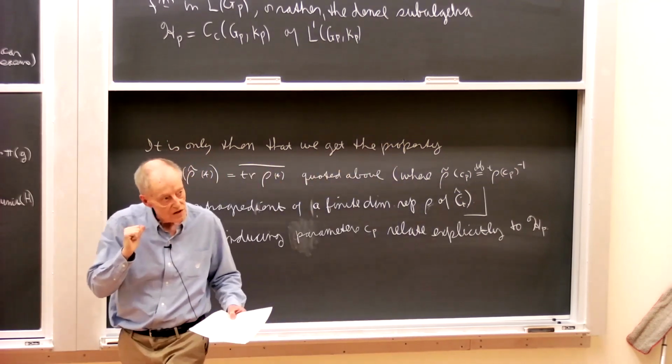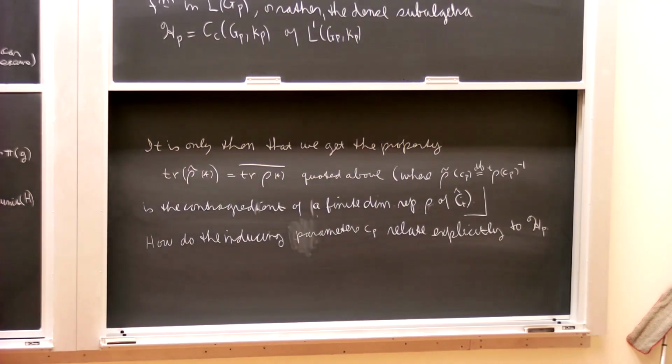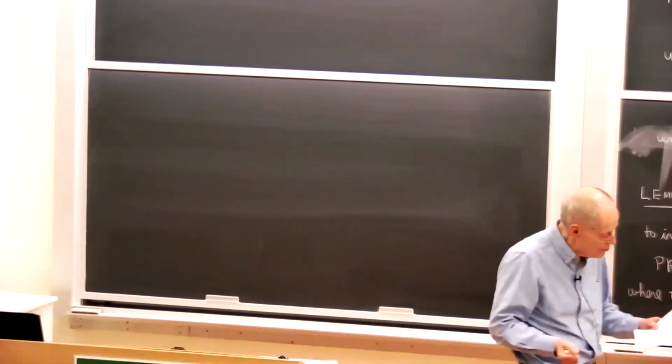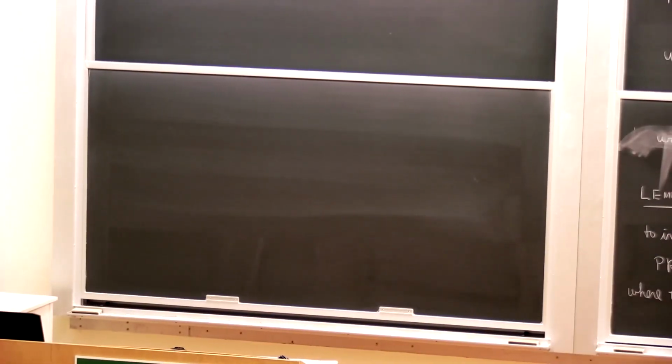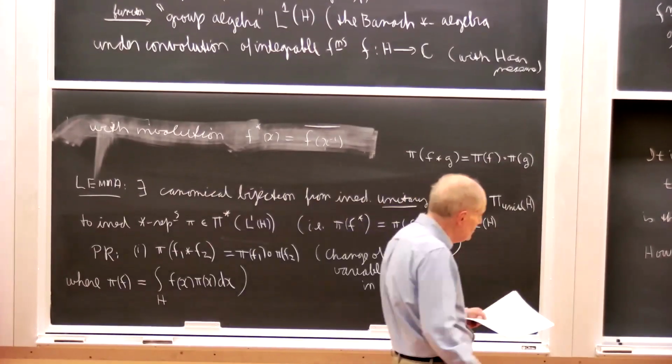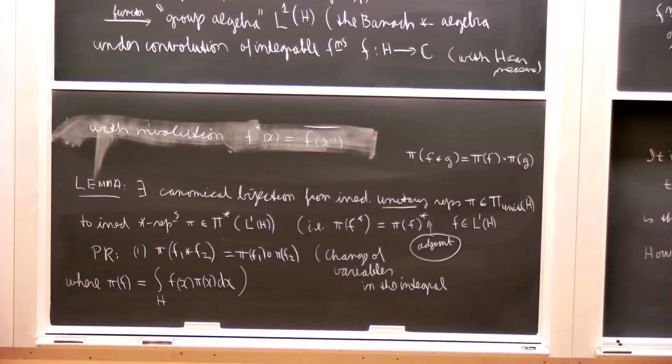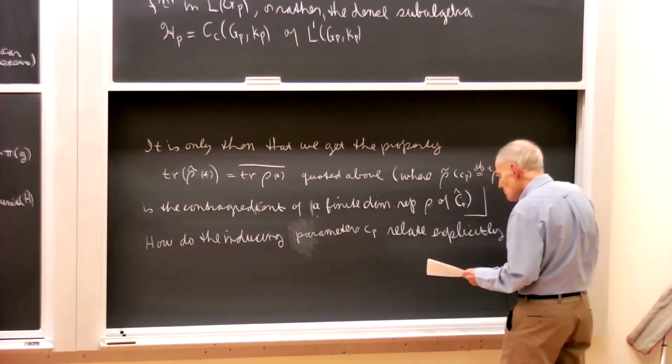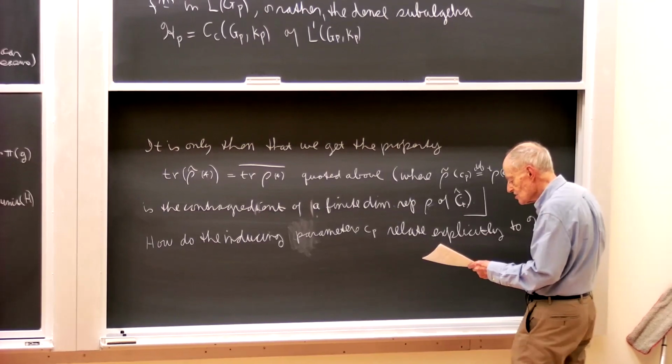I probably won't finish until the beginning of the next hour, but I think it would also be good to review or describe some properties that Langlands uses in his article and which are used everywhere in the theory of algebraic groups as they relate to representations.